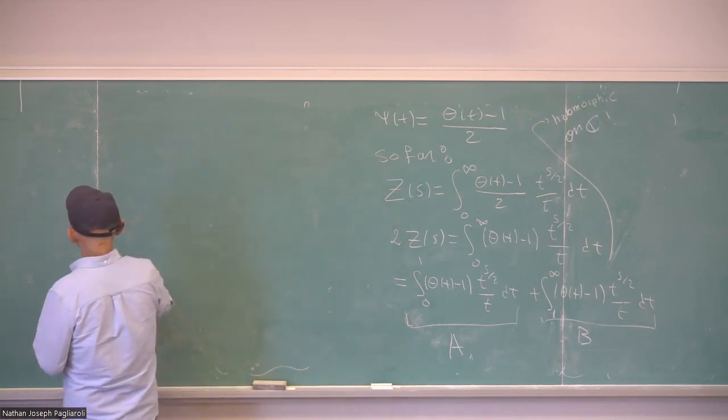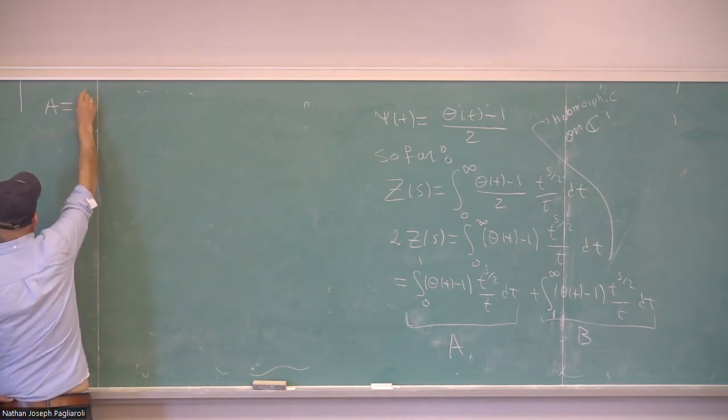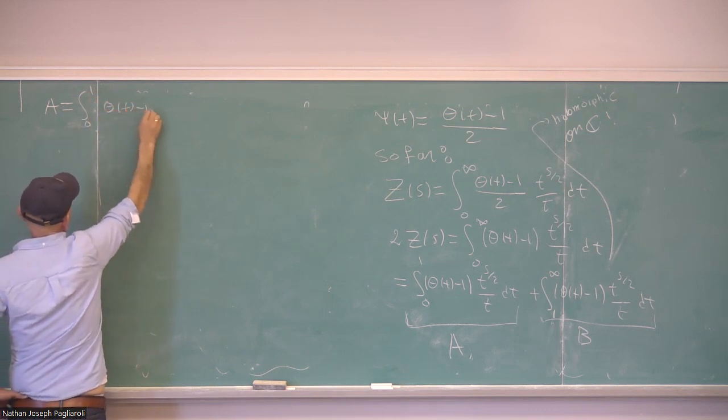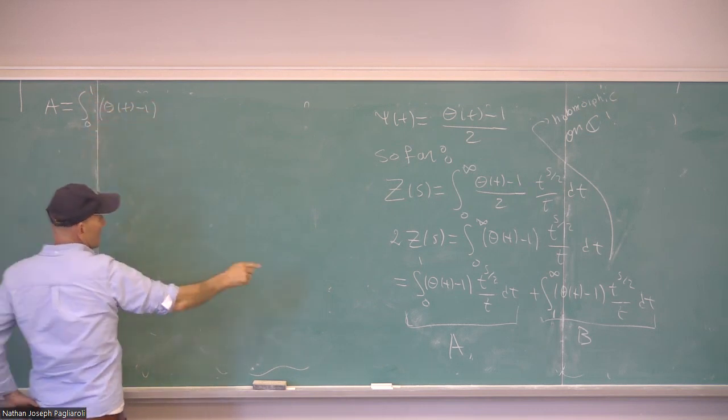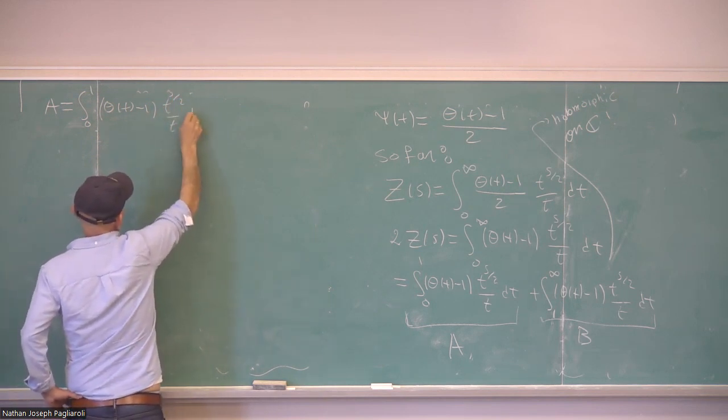So let's see, A is equal to the integral from 0 to 1 of (theta of t minus 1) t to the power s over 2 over t dt.